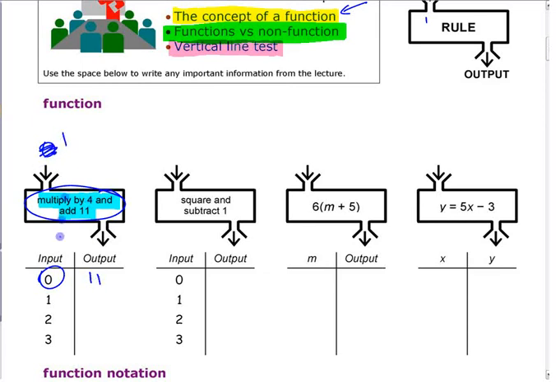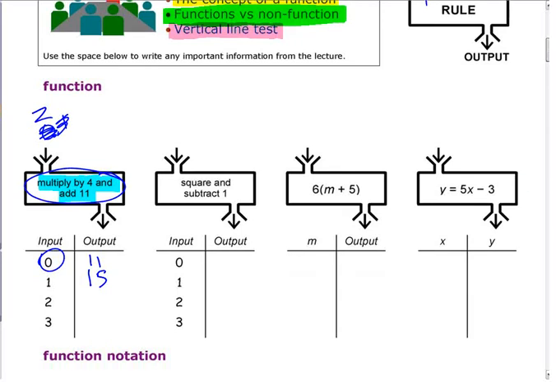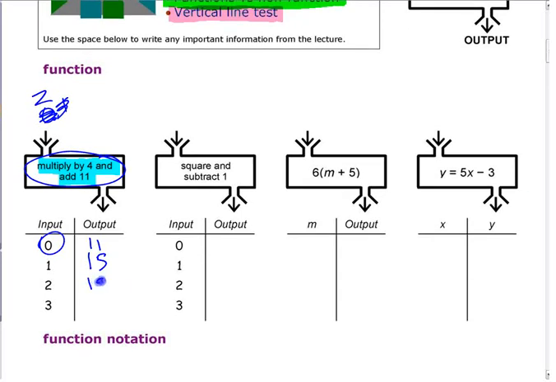Or if you put 1 in here, you multiply by 4, you get 4, you add 11, you get 15. Or you put a 2 in, you might be able to see a pattern eventually, right? A lot of functions will see a pattern. You're going to get 19, and then you put in a 3 maybe, and you get 23, right? You could keep going. I just picked a few inputs here, but you could put a lot of different things.